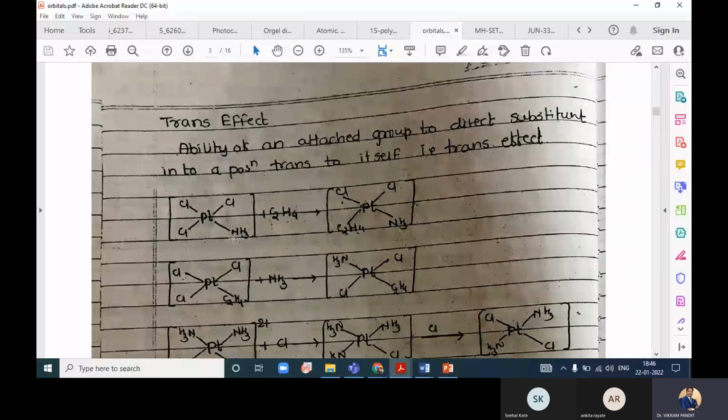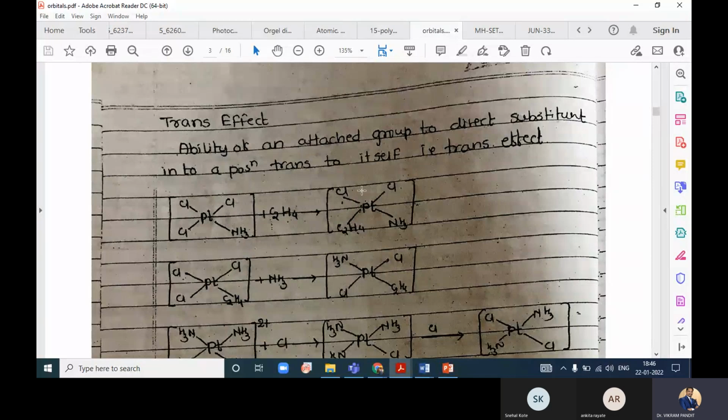If NH3 were showing more trans effect, the incoming ligand would go trans to NH3, and we would get these two at trans positions, and we could call this compound trans. But here, this chlorine is showing more trans effect than this NH3. So that's why the ligand is going trans to one of the chlorines, which gives us a cis type of product.